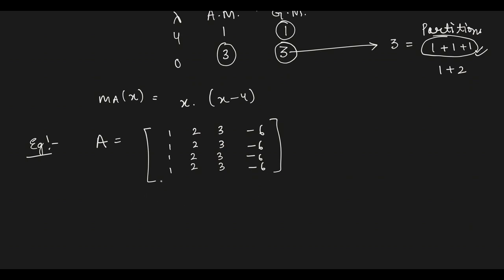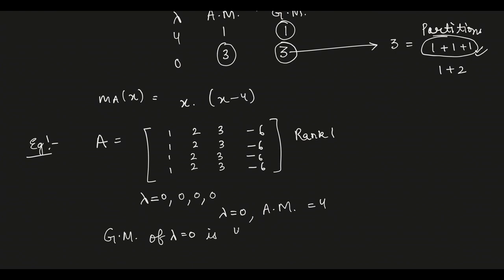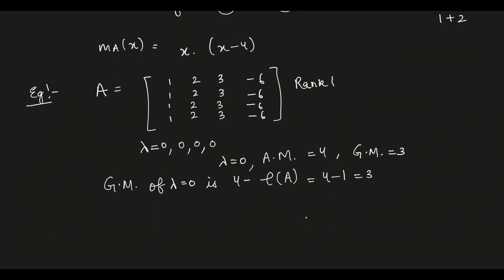All will be 0 because trace is also 0 and it is rank 1 matrix. So lambda is 0, AM is 4. What about GM? 3, na? Yes, 3. Now I will do partitions of 3.